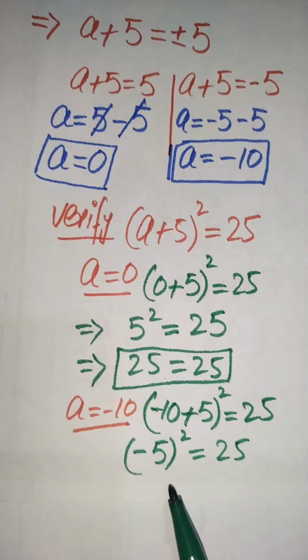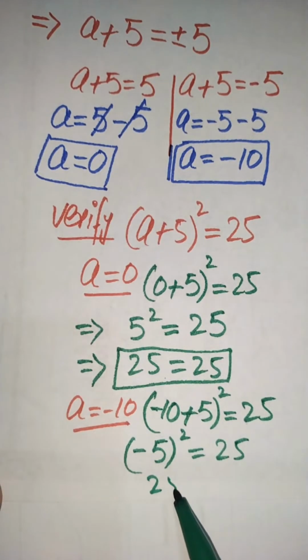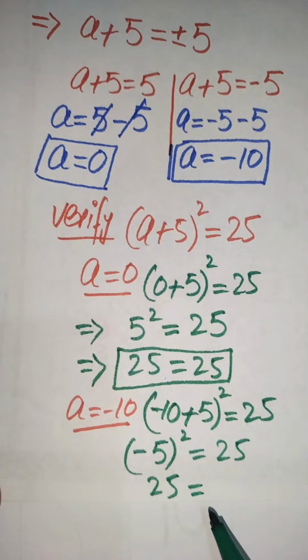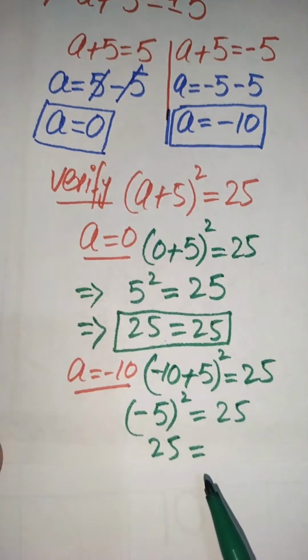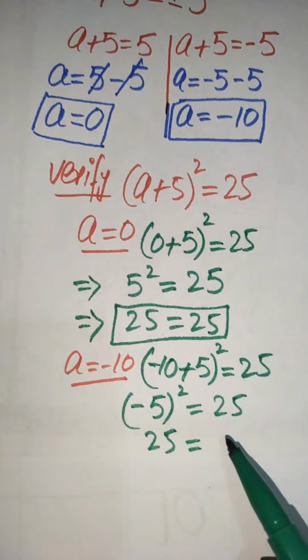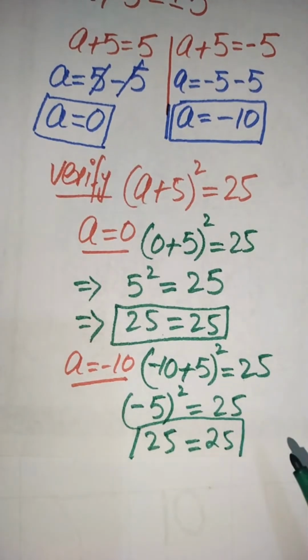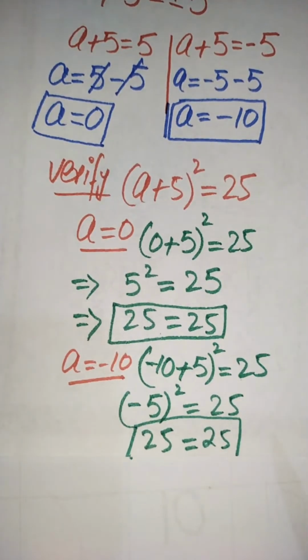We can see that (-5)^2 becomes 25, because when a negative sign appears inside the square, it always becomes positive. So 25 = 25. This shows that the value a = -10 also satisfies our given question statement.